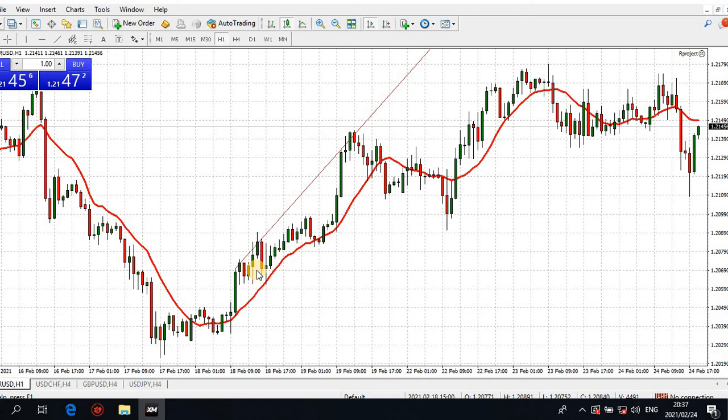Okay, and then we have a situation where we have positive news, but the market is not reacting according to the news. If you can dig a little deeper, you will find the reasons for that. Okay, you will find certain reason.